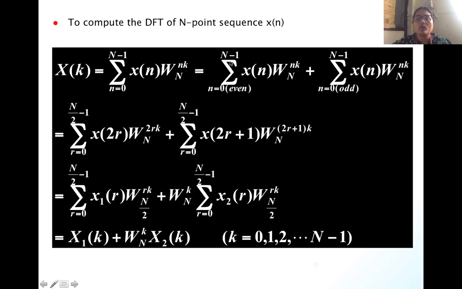Now we know that in the earlier slide we represented the even points and the odd points. When we collect the even points, the sequence is divided into half; the even points are exactly half of the sequence points. So the entire sequence is divided into n by 2 point sequences.